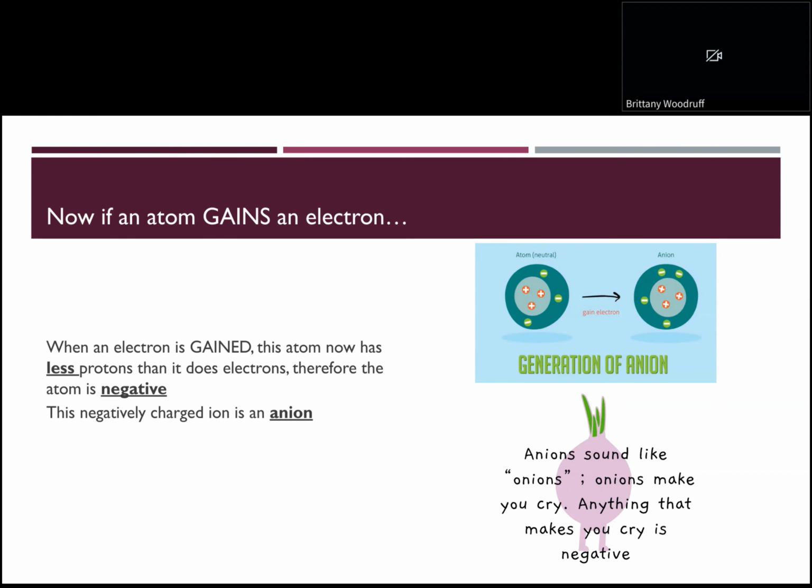Anions sound like onions. Onions make you cry. Anything that makes you cry is negative. If you don't want to remember both, pick your favorite one, and the other one is the opposite. Whichever you prefer. I like the cation one.